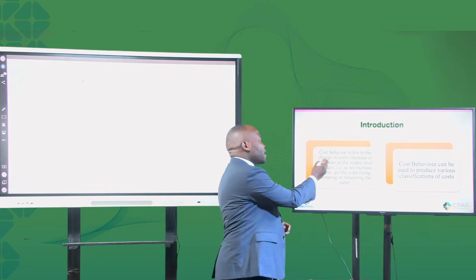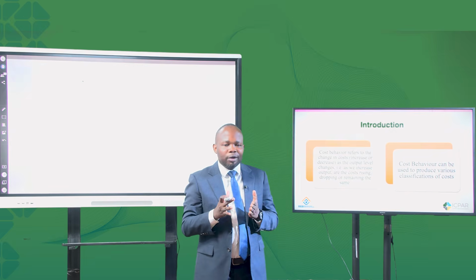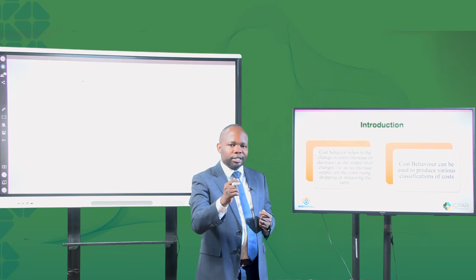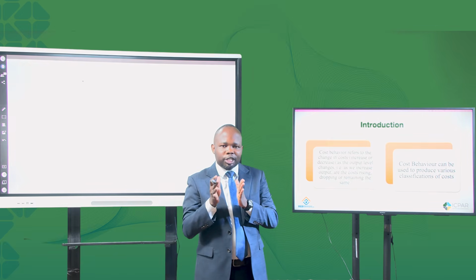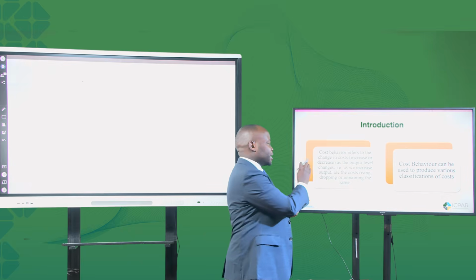Cost behavior refers to the change in cost, either an increase or decrease, as output level changes. In other words, when we change the activity level, the units you are producing, what is the effect of that change in activity level on the cost the business incurs?